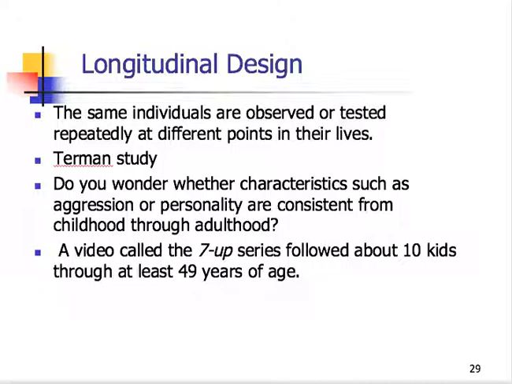In the documentary, you can see what the personality of the children is, which child was very aggressive and what type of job he has that is appropriate for someone who's aggressive. Another child is very calm, very intellectual, very much a thinker, and her future job also relies on those kinds of skills. They are also interested in socioeconomic status and how that plays out over time, and you'll see some of that in the series as well.